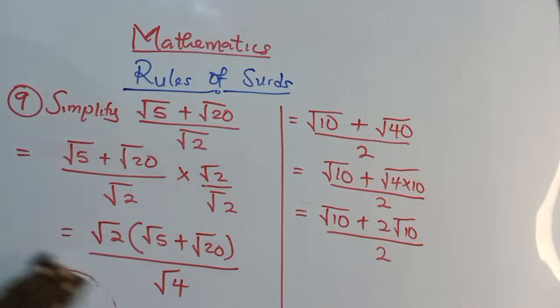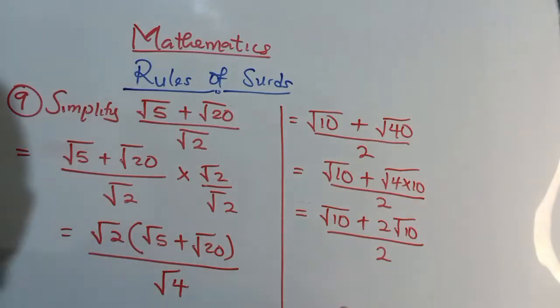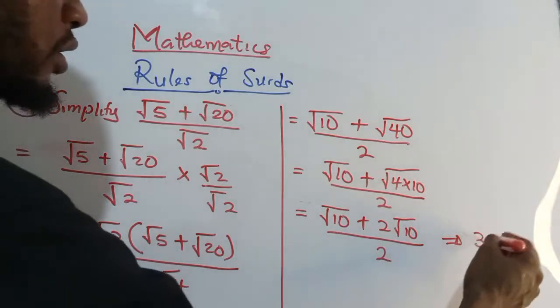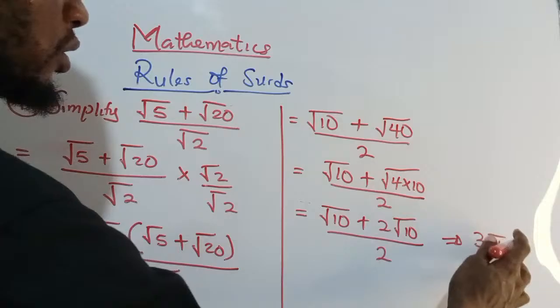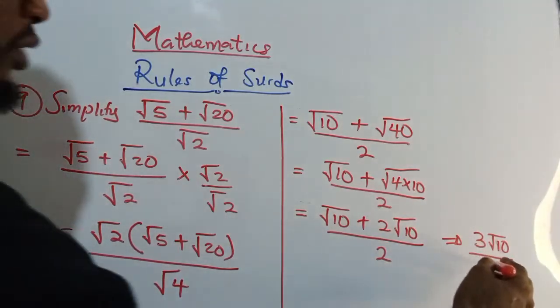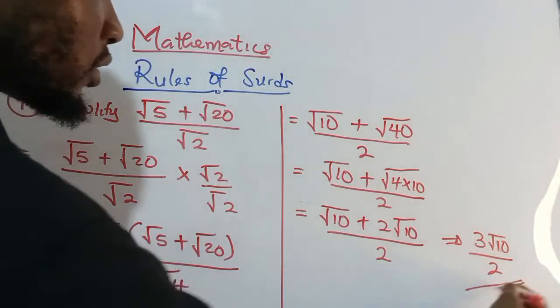So root 10 plus 2 root 10 will give you 3 root 10. So it means finally we have this to be 3 root 10 over, what do we have in this place is 2. This is our final answer.